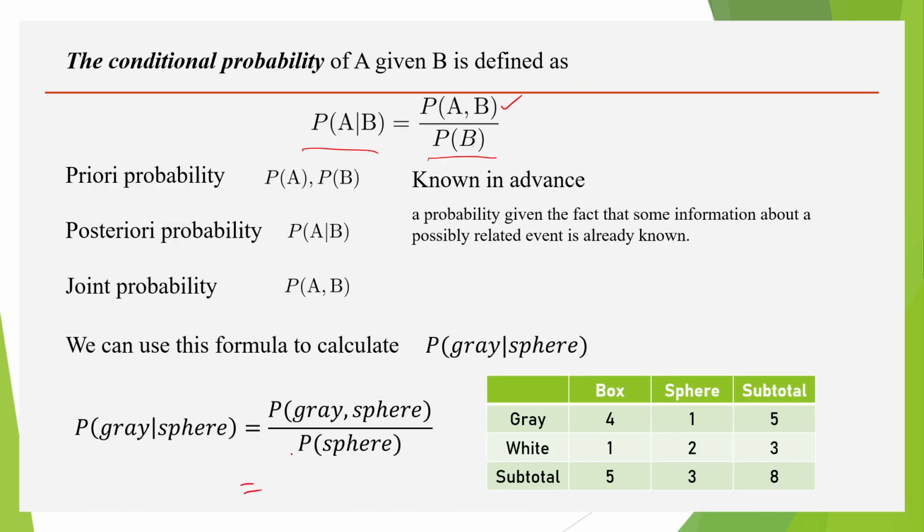If we look here, the joint probability of gray and sphere is 1 over 8, and the probability of all spheres is 3 over 8. So 1 over 8 divided by 3 over 8 is also 1 over 3. So I hope you got the idea of conditional probability.